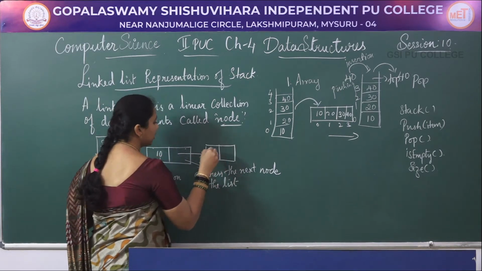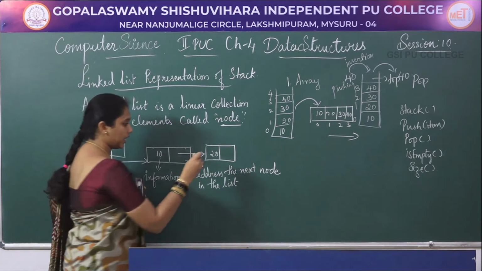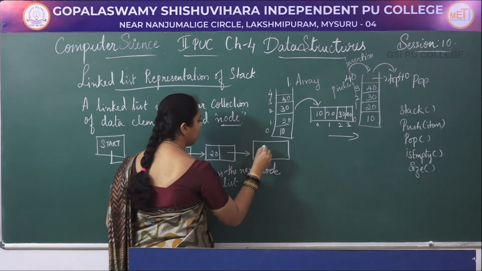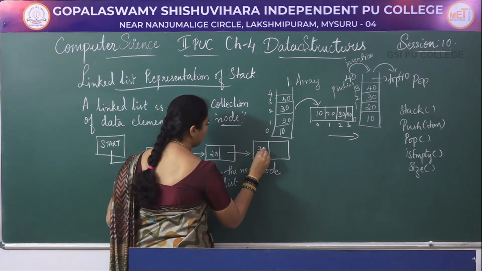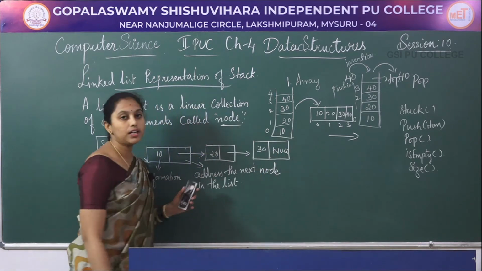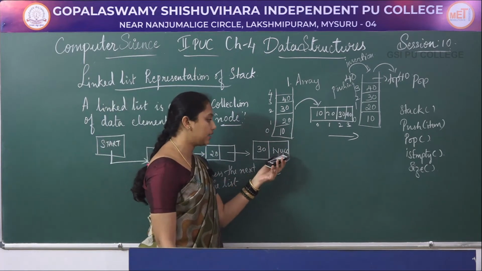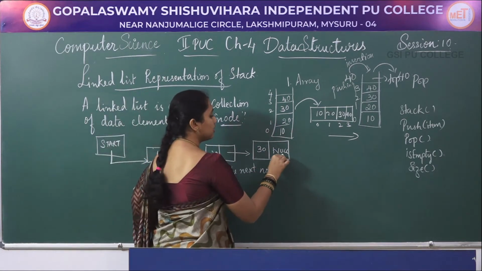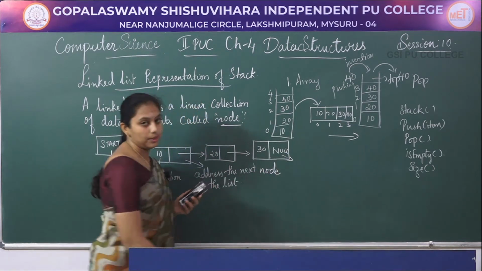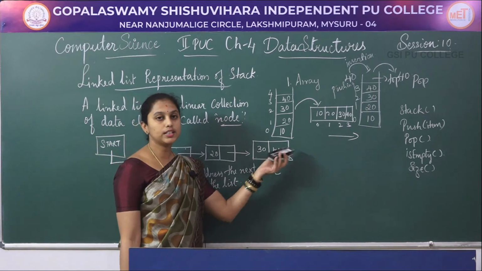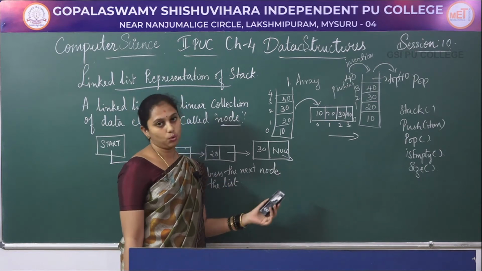In the next node, the first part contains the information and the second part contains the address of the next node. But in the last node, the second part does not contain the address of the next node, but it contains null, which represents the end of the linked list. It is not connecting to the next node.